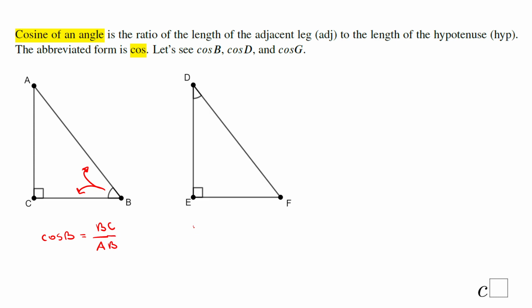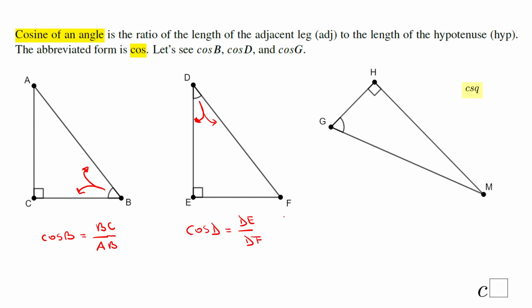Cosine of D, that will be what? The adjacent leg, DE, over the hypotenuse, which in this case is the side DF.